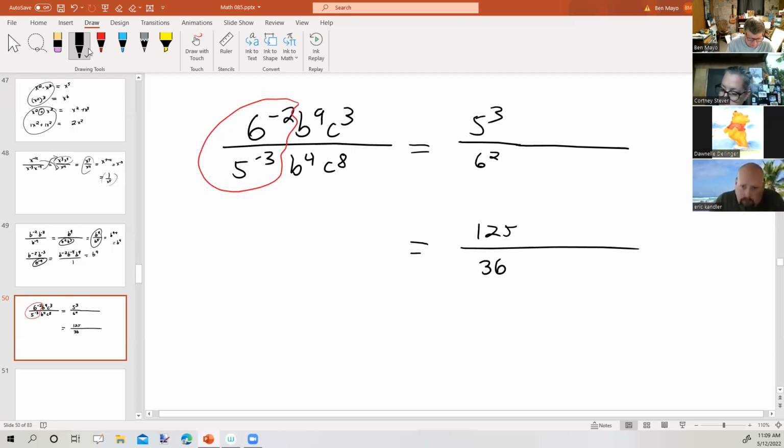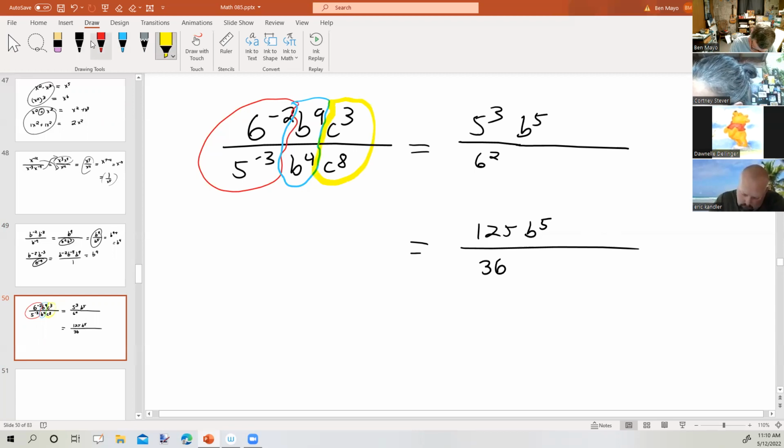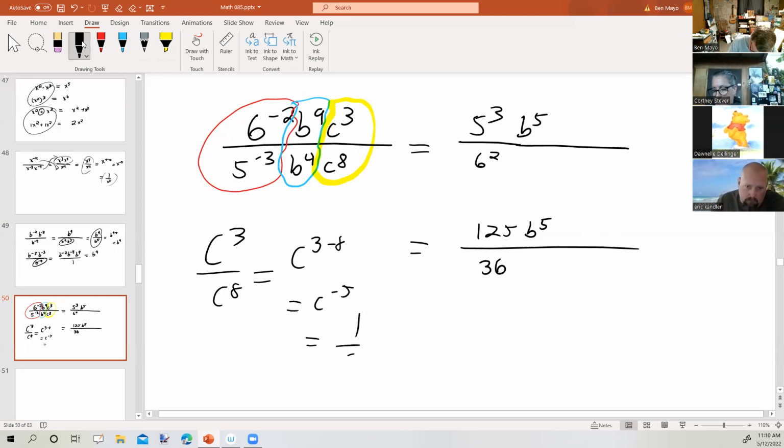5 cubed, 5 times 5 times 5, 125, 6 squared. Then I can look at this piece. B to the 9th divided by B to the 4th is B to the 9 minus 4, or B to the 5th, but that's up on top. Okay with that? C cubed over C to the 8th is C to the 3 minus 8, is C to the negative 5, is 1 over C to the 5th.